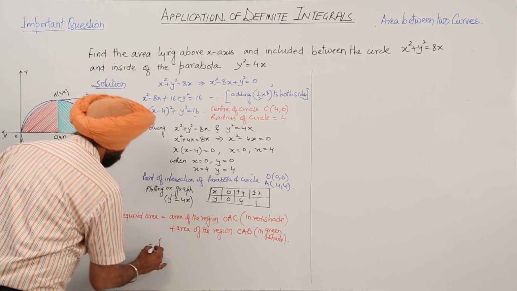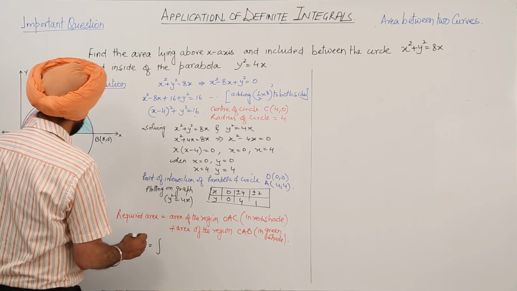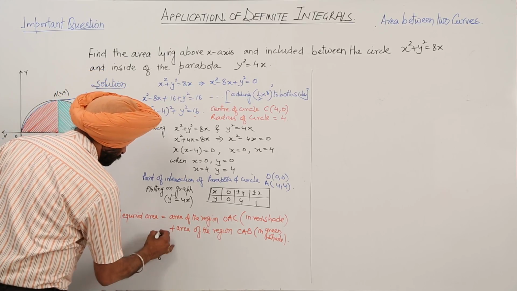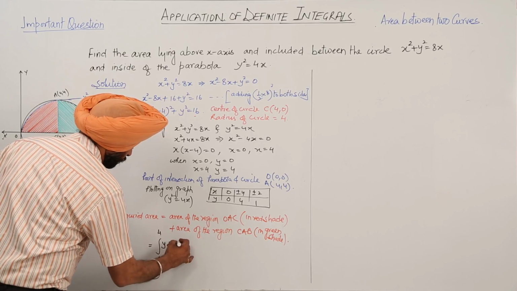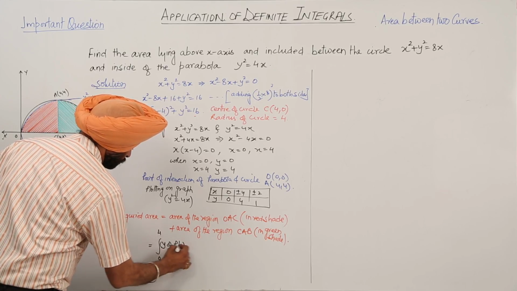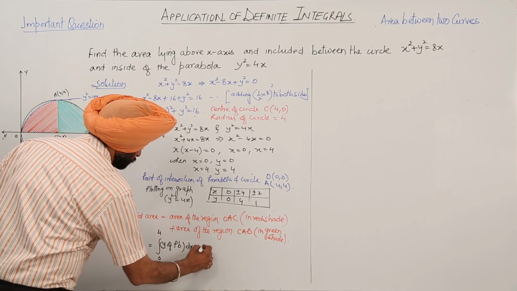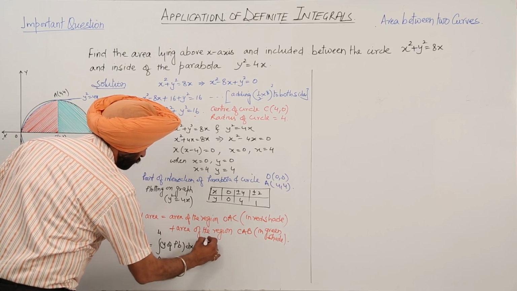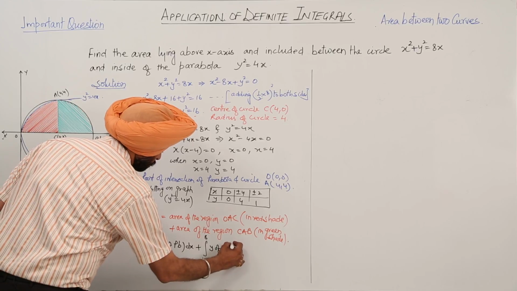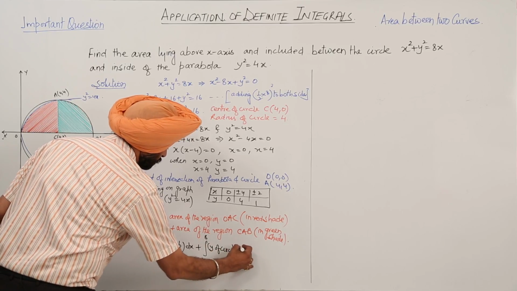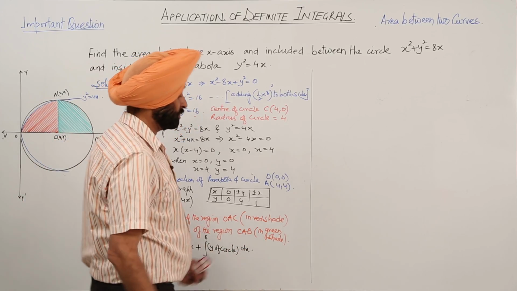Now this is equal to the integral from 0 to 4 of y of the parabola dx, plus the integral from 4 to 8 of y of the circle dx. Is it clear?